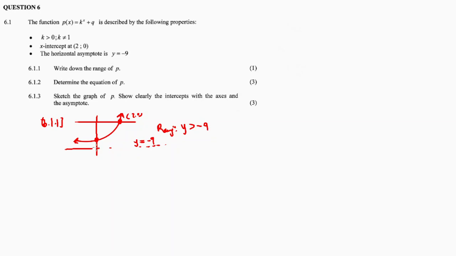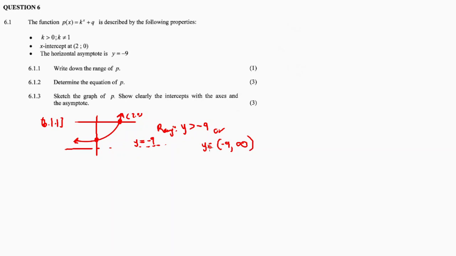So everything above minus 9 is the range of this function, or you can write it as y is an element of (minus 9; infinity). Why am I excluding minus 9? Because of the asymptote. It's minus 9 excluded all the way up to infinity excluded as well.